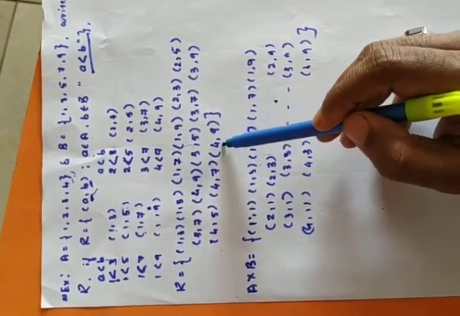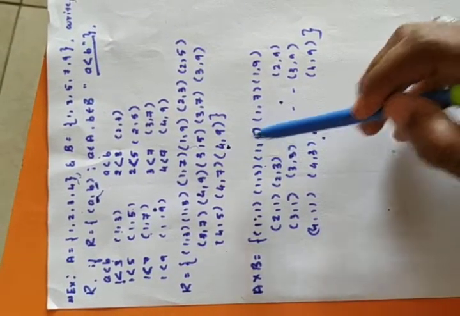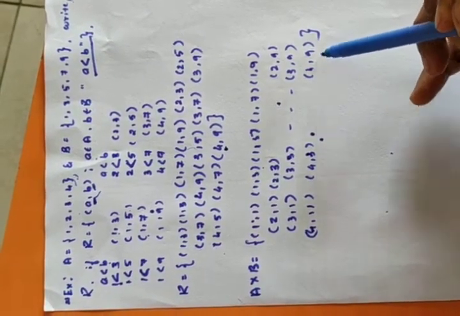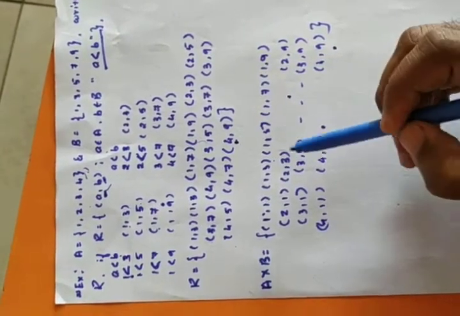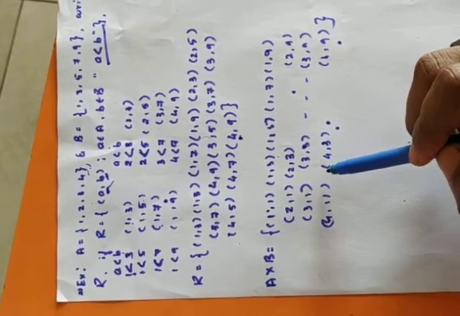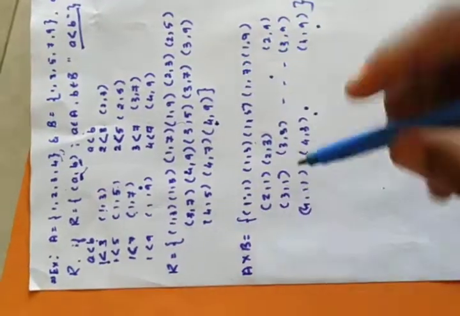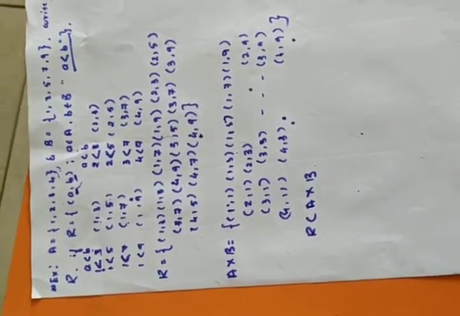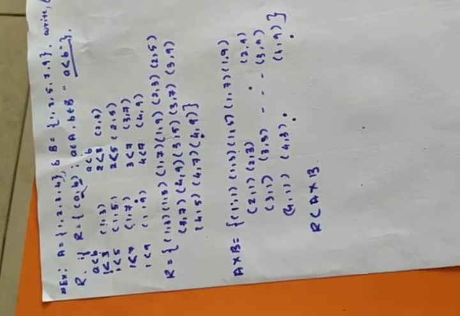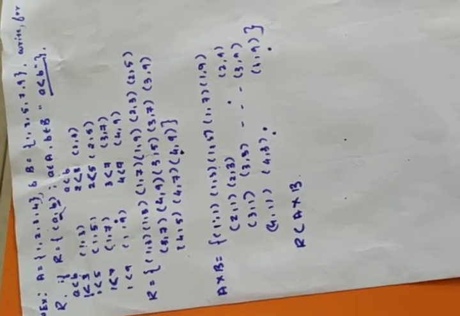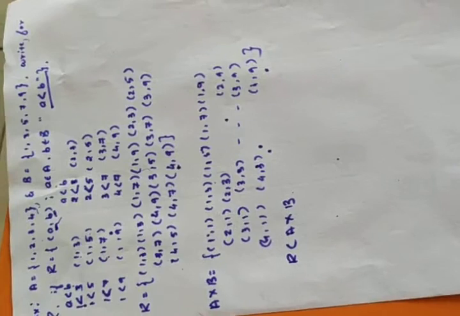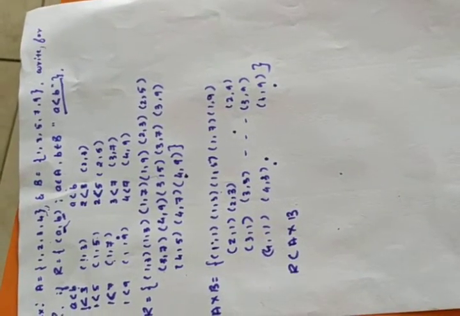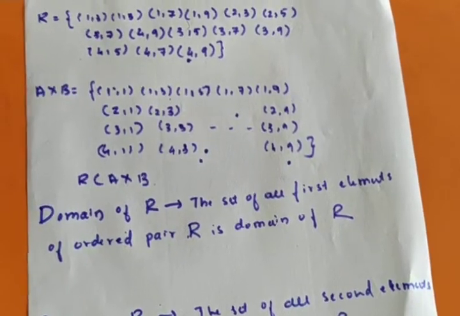Likewise, if I check up to 4 comma 9, I find it there too. So I can say that R is always a subset of A into B. From the definition we get confirmed that R is always a subset of the Cartesian product A into B.